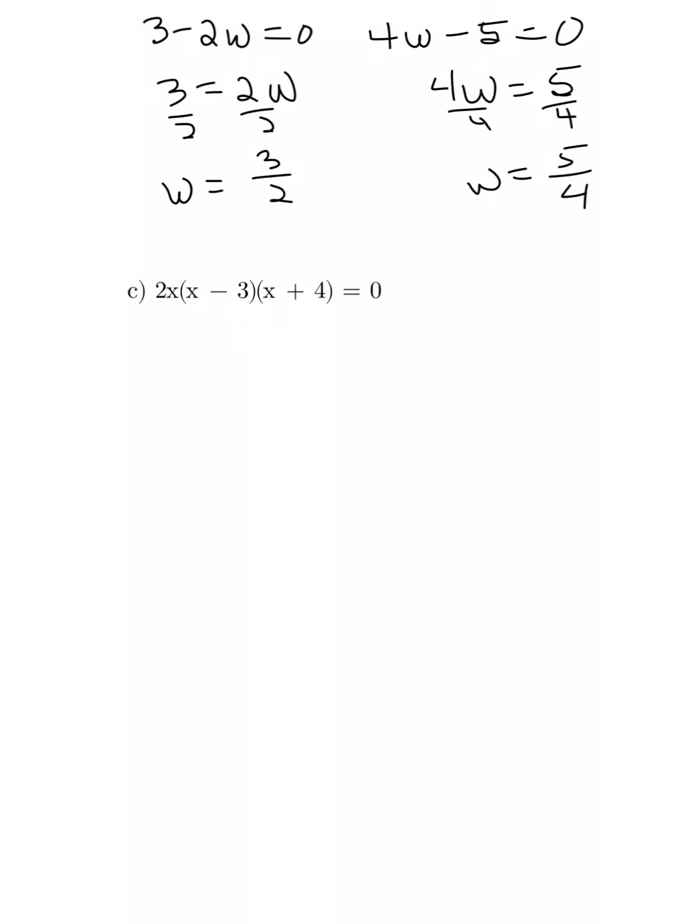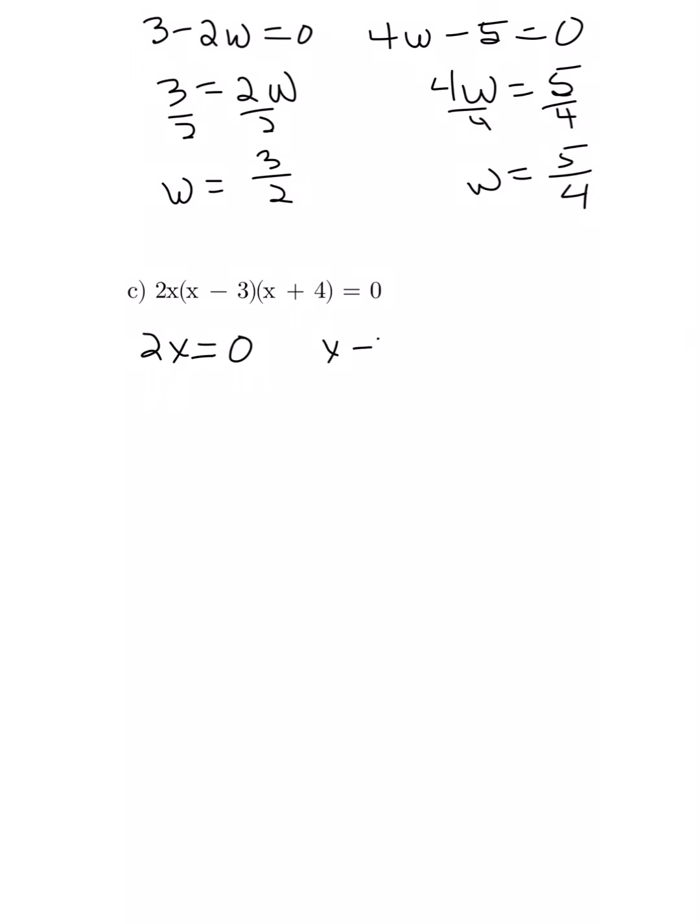When you have an item on the front, as we do here, if that item contains a variable, then you must also set that factor equal to 0 because it is possible for that to equal 0.